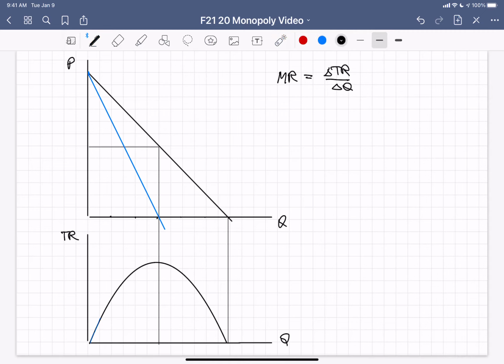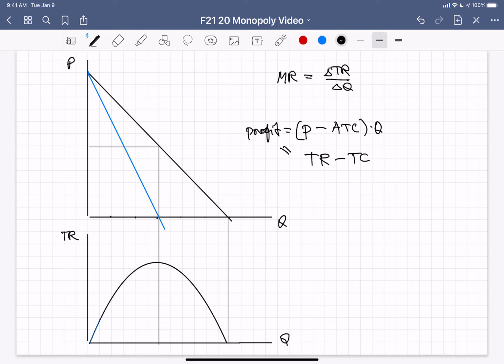Remember, our goal is to figure out how to set the output so that profit, calculated as (P minus ATC) times Q, gets the largest. Well, another way to calculate profit is subtracting total cost from total revenue. So profit can be calculated using either formula.